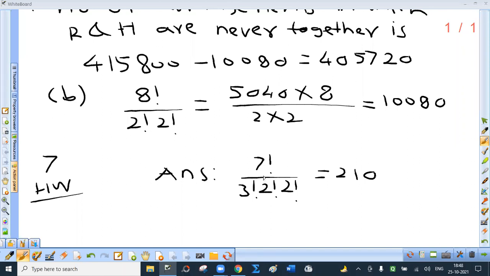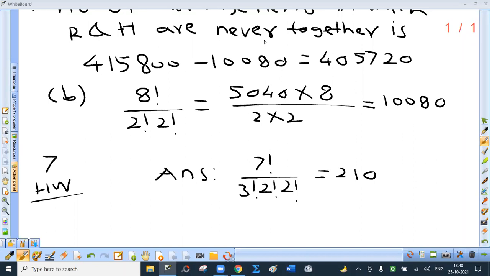Sum number 8. Find the number of arrangements of the letters in the word Mumbai so that the letter B is always next to A. Okay, so we need AB, right?